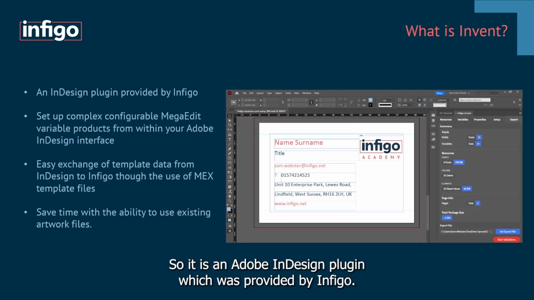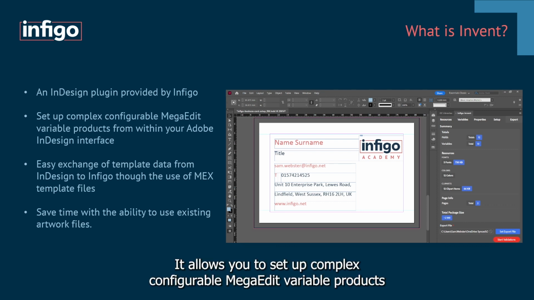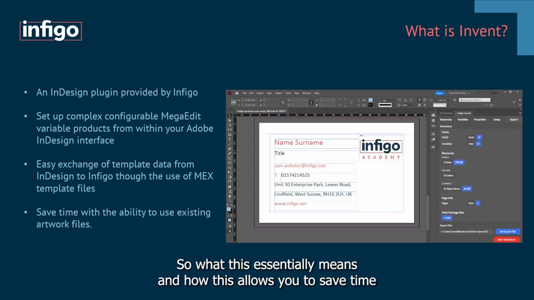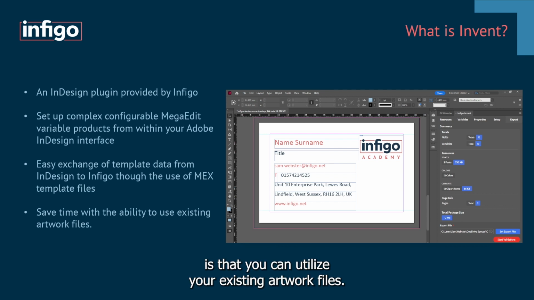It is an Adobe InDesign plugin which was provided by Infigo. It allows you to set up complex, configurable MegaEdit variable products from within your Adobe InDesign interface. What this essentially means, and how it saves you time, is that you can utilize your existing artwork files.